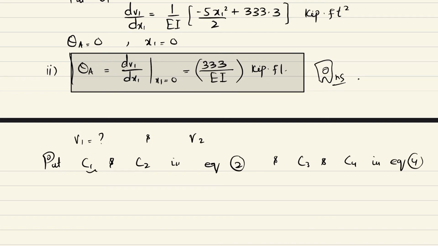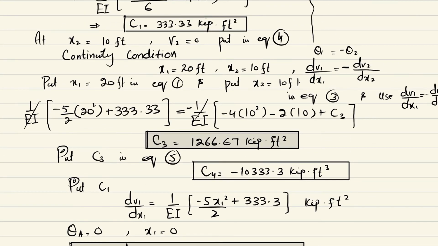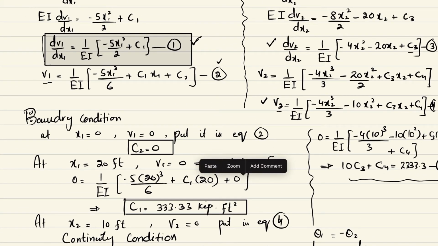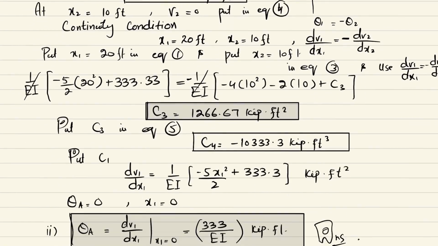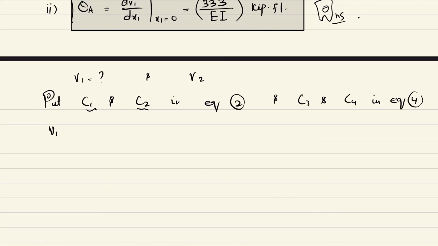When you put C1 and C2 in equation 2, you will get V1 equal to 1 over EI into minus 5 by 6 x1 cube plus 333 x1. The unit will be kips into cubic feet.